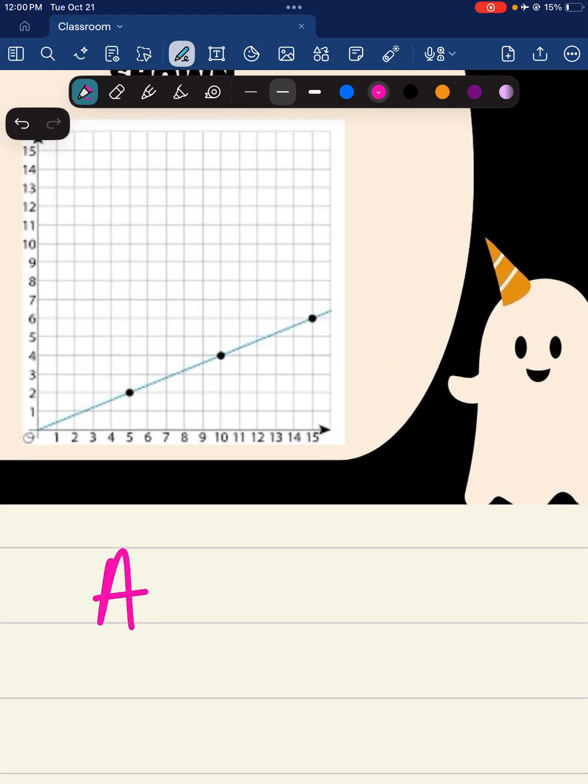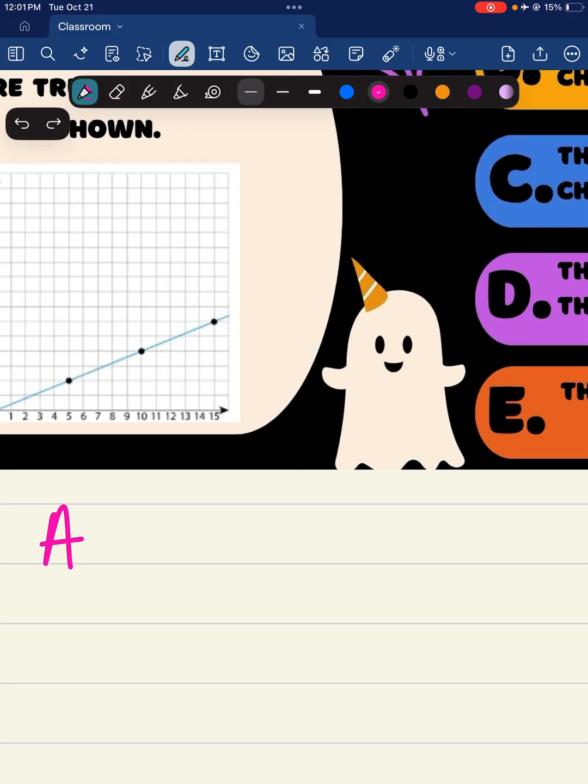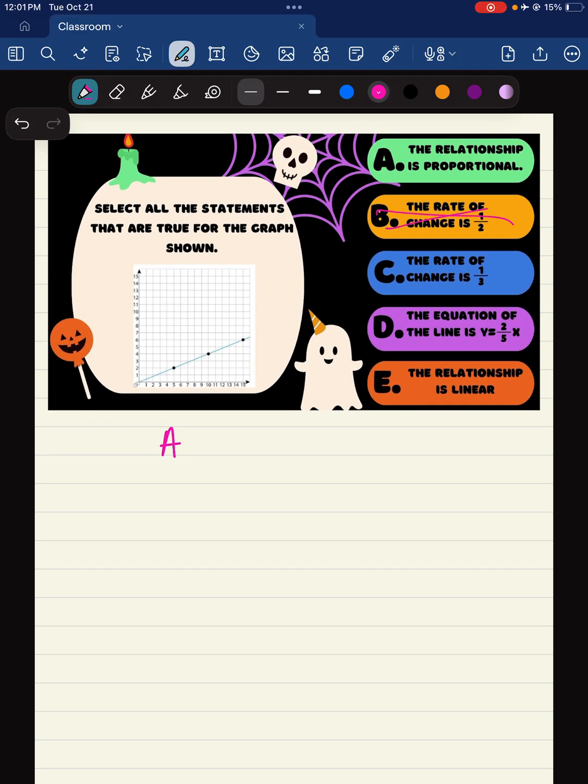That means we could go from my origin, or from my y-intercept at the origin, to the next point, meaning that I would go up 1 and over 2, because we know that slope is written as 1/2, and rate of change is another way to say slope. So we're going to go up 1/2, and that is not a spot on my line. So we know that is not the case there.